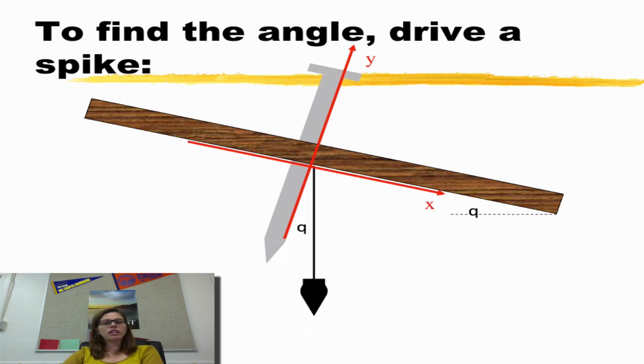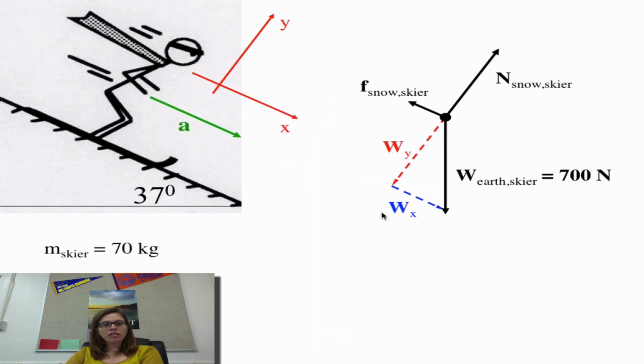So if we change our axes, the plumb bob represents the weight, and so you could tell where our angles would be for our free body diagram. So our theta is right there in the 37 degrees. You could use your sines, cosines, and tangents to solve for Wx and Wy.